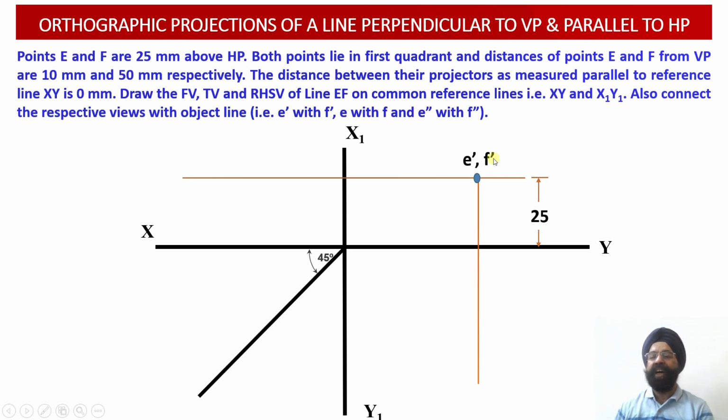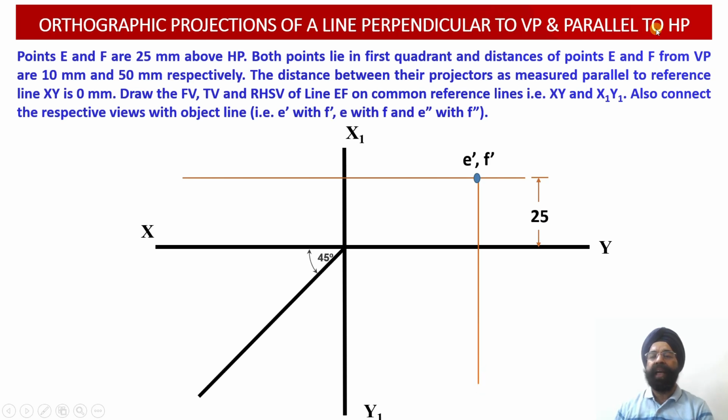Similarly, wherever point F dash has been located, onto this very vertical projection line, I will be able to obtain the location of the plan projection corresponding to the point F.